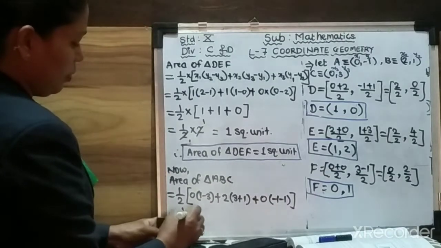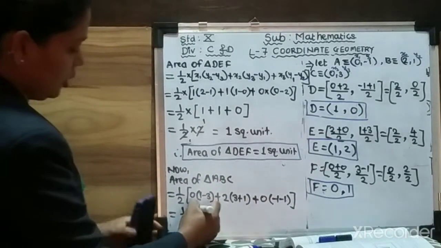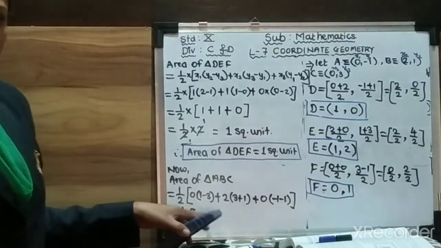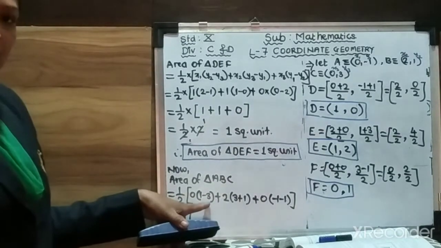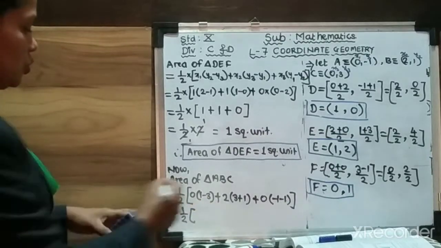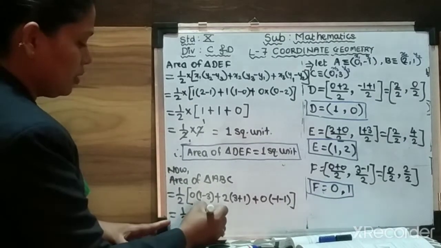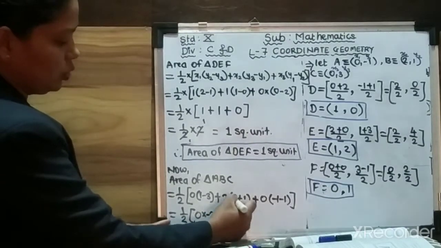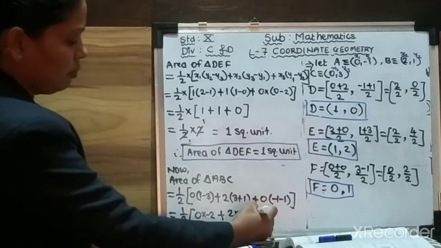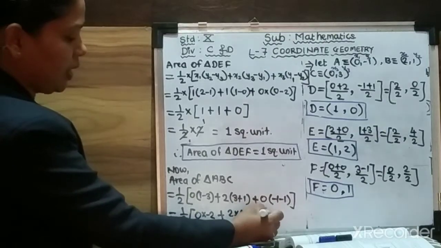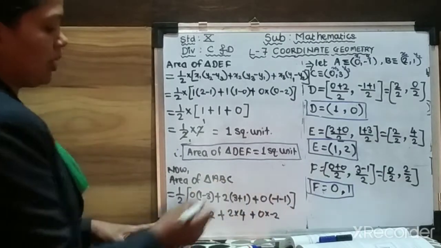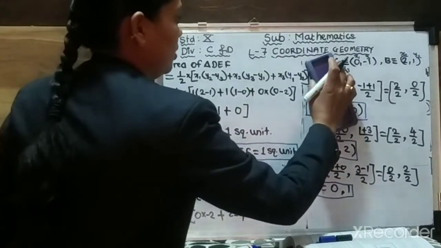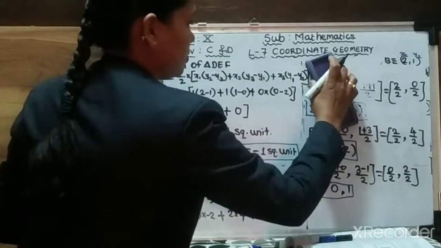So 1 upon 2 we got here. So 0 multiply by whatever the subtraction we get over here. 1 minus 3 is minus 2. And minus 2 into 0 is 0 only. Plus 2 into 4 plus 0 into minus 2. So, I'll write here further steps.